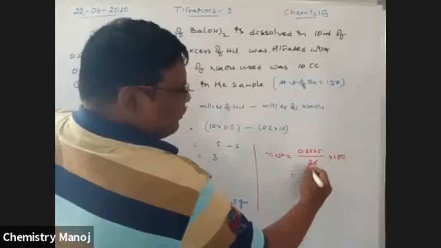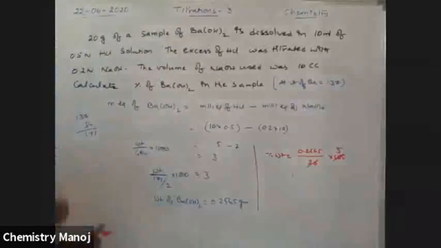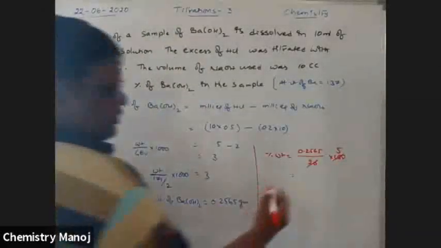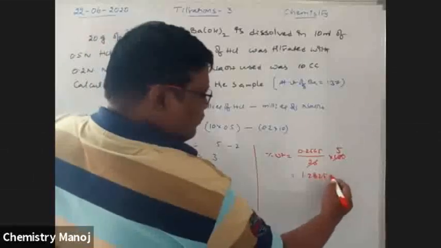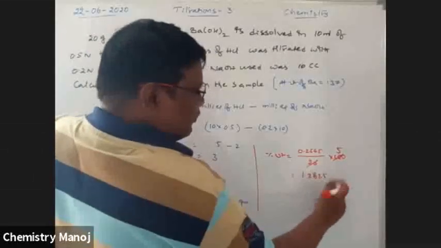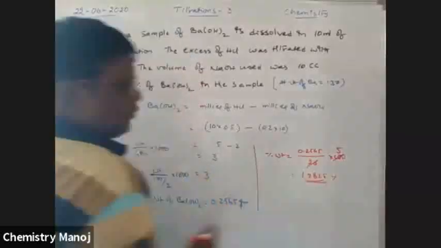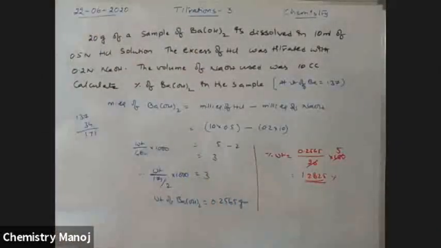That is equal to 5 times, so multiply by 5 and we get 1.2825% is there.